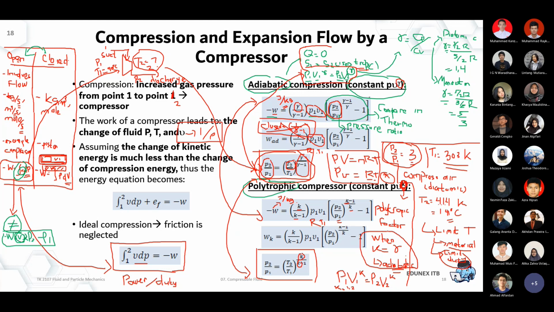So if it's stated explicitly or implicitly that it behaves adiabatically, or you can use gamma for the correlation, that's the time you use the adiabatic compression correlation. But the more generic one will be the polytropic.